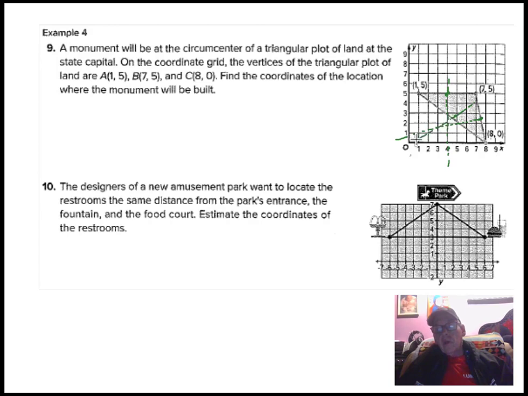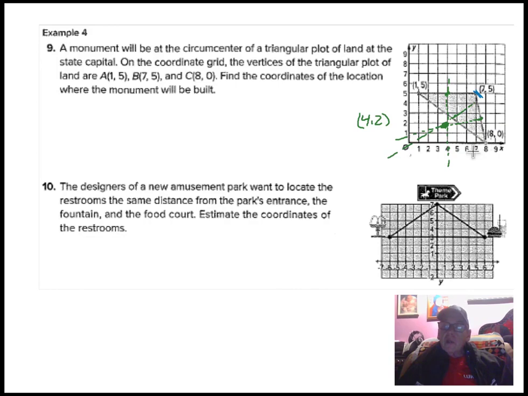And we want to find the intersection. It looks like that would be the intersection. So it kind of looks like 4, 2 is the coordinate of the point that's equidistant from those. Let's try to sketch the circle that goes through those.